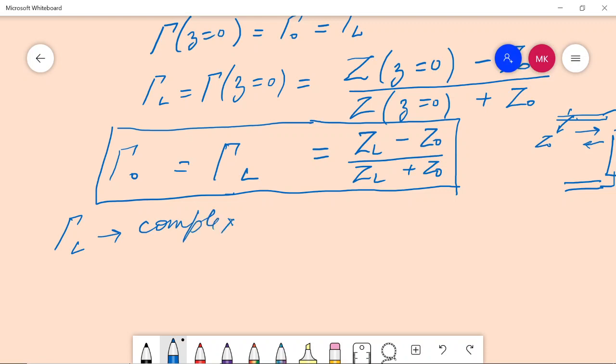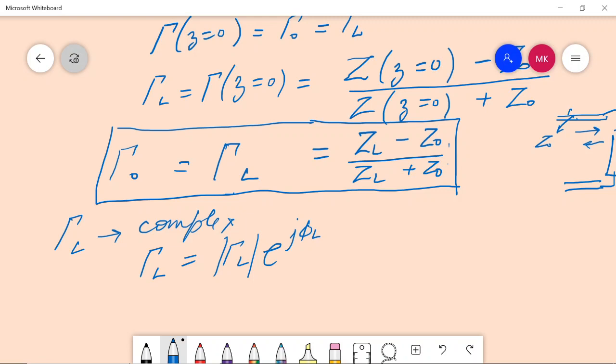Even if we take the lossless transmission line, Z naught will become real, but ZL is a load impedance. It may be complex. So in general, gamma L will always be complex. We consider it to be complex. So gamma L can be written as some magnitude, and it will have some phase, and we denote the phase by phi L. So phi L is the phase of this gamma L, and this is the magnitude.